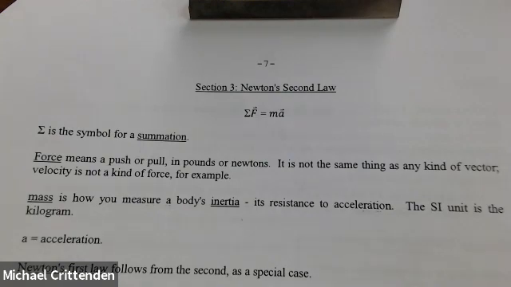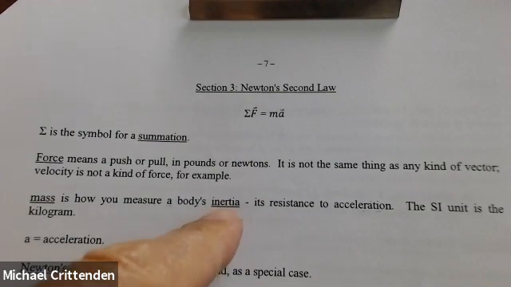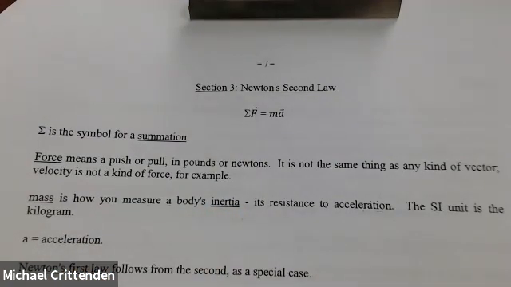The constant of proportionality between these things is a property of the object called its mass, which one way of thinking of it is mass is how you define an object's inertia. Okay, inertia meaning an object's tendency to keep doing whatever it is it's already doing. It's resistance to acceleration.